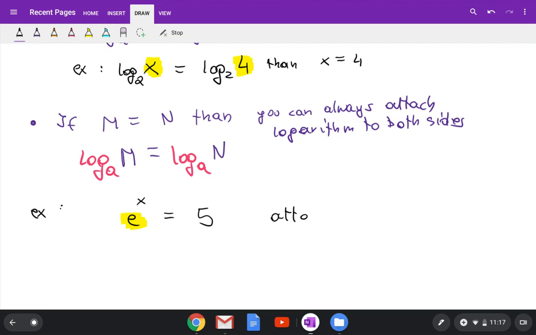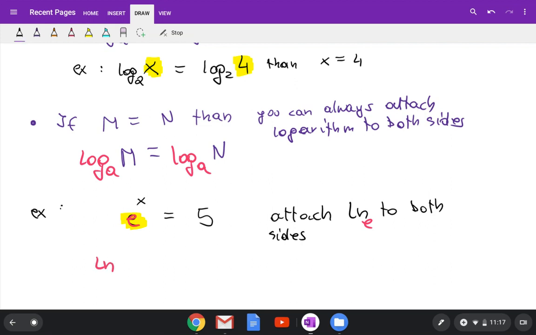I can attach ln to both sides. And why do I pick ln? Because natural log has base e, the same as my exponential. So again, it's not just attaching any type of log, but the one which makes sense. So I'm going to attach ln to both sides.